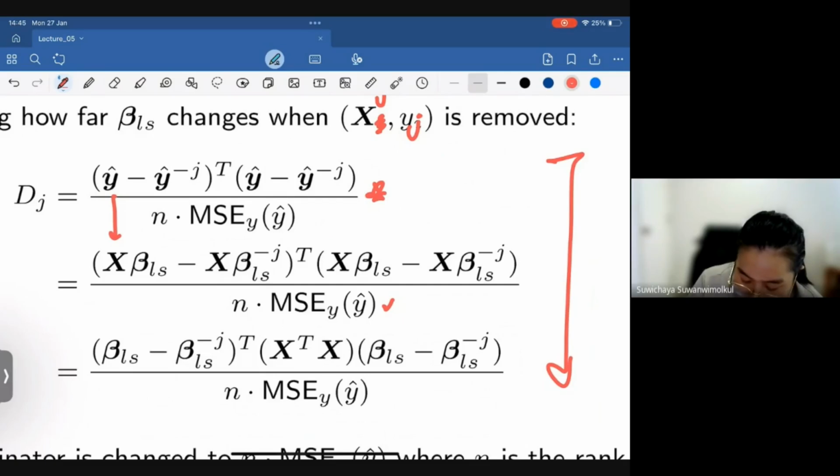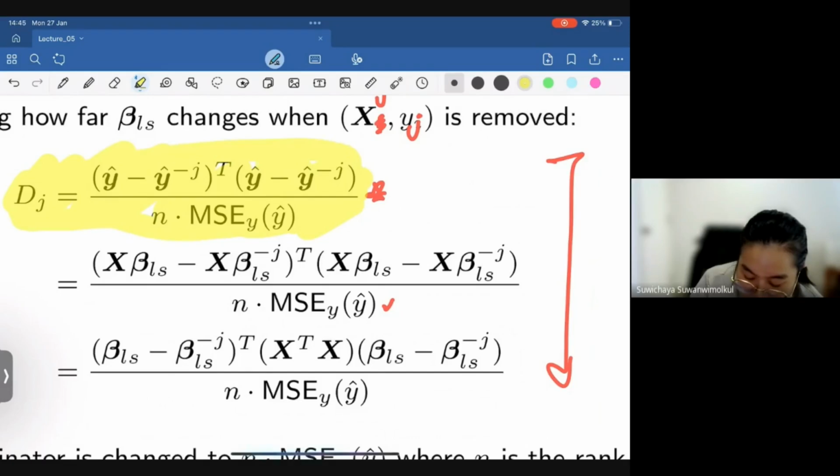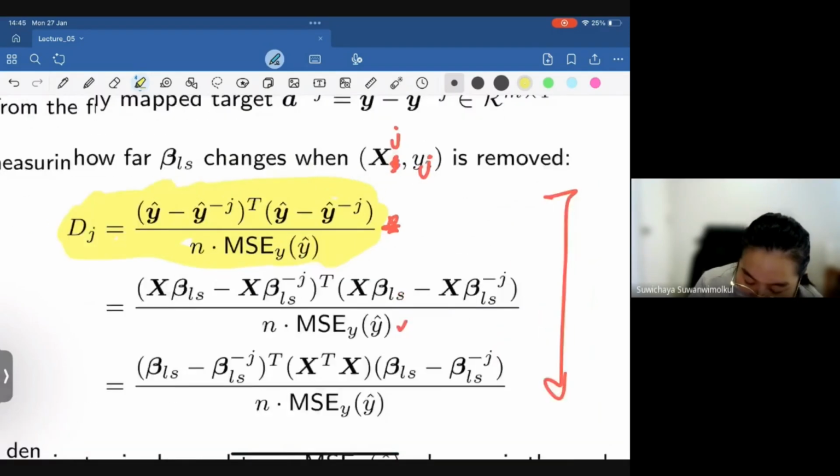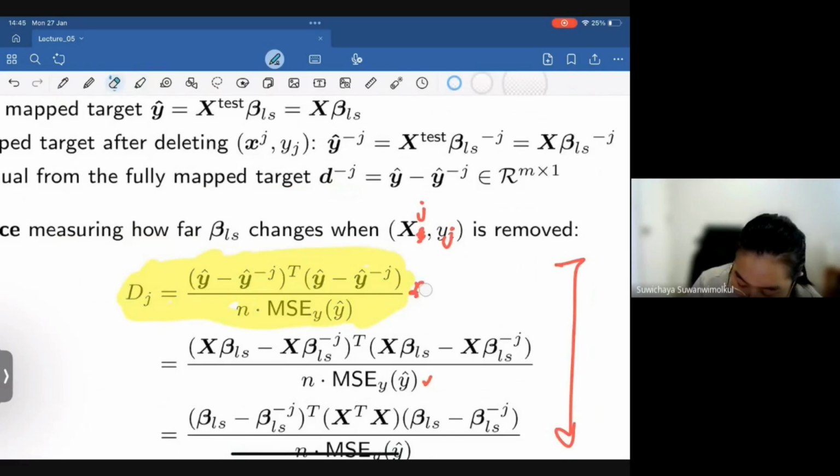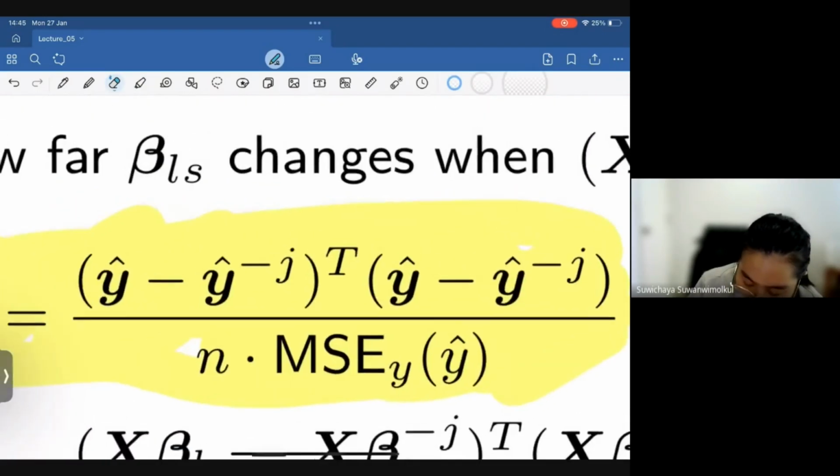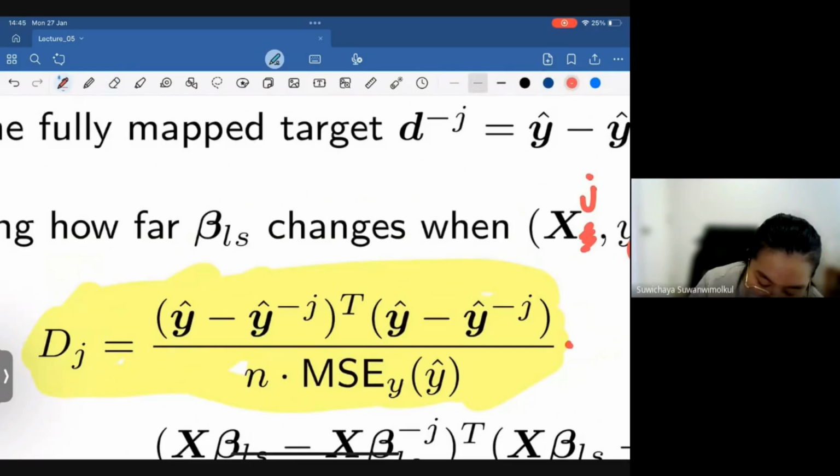Okay, but let's just look at the original formulation first, and let's see what's the meaning behind each of these components. So firstly, for some reason, which I've tried to find, I'm still not sure why, but they say that for the Cook distance, they will have this denominator n, which is the size of the feature dimensions.